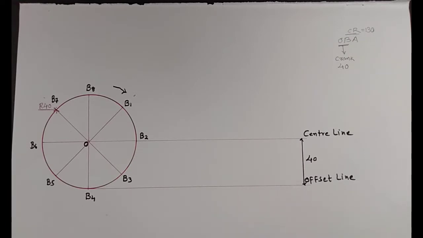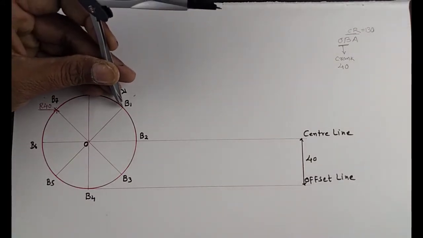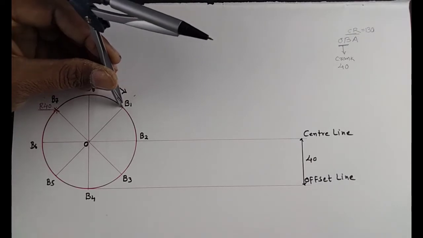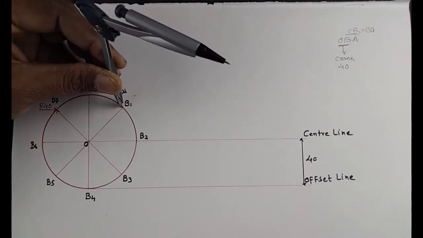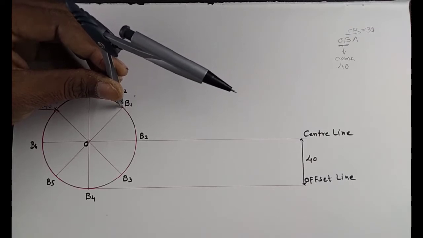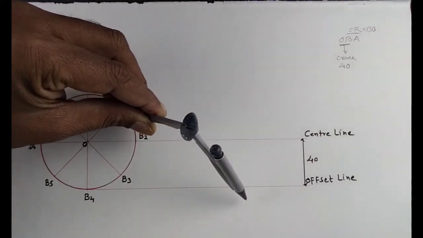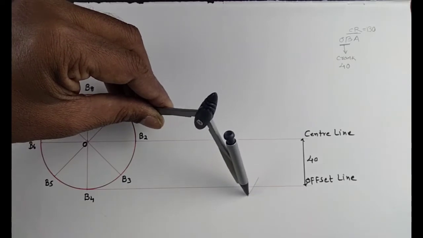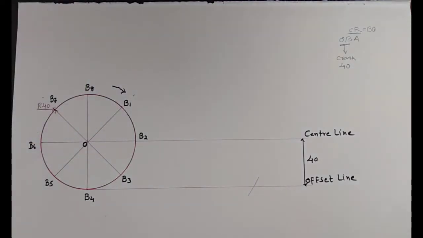Our slider point A, 130 mm, lies on our offset line. So for that I take B1 as a center, 130 mm radius, and I draw the first arc on the offset line. This is your A1.